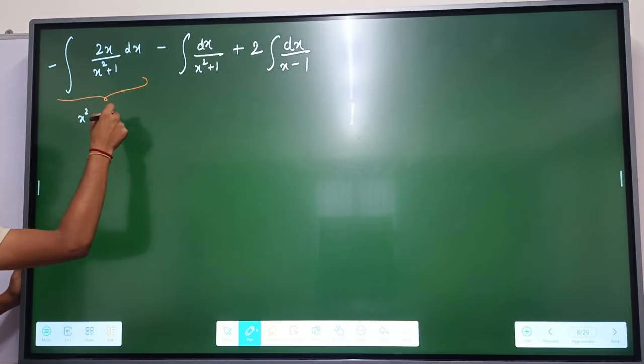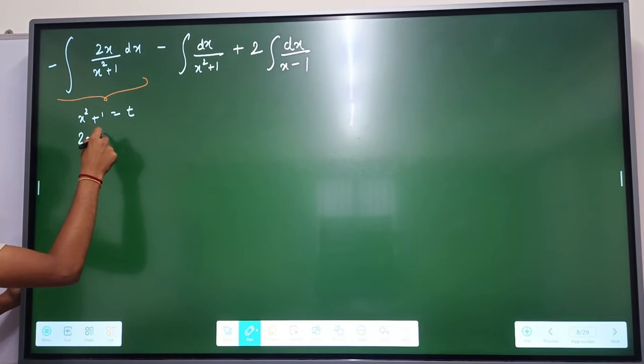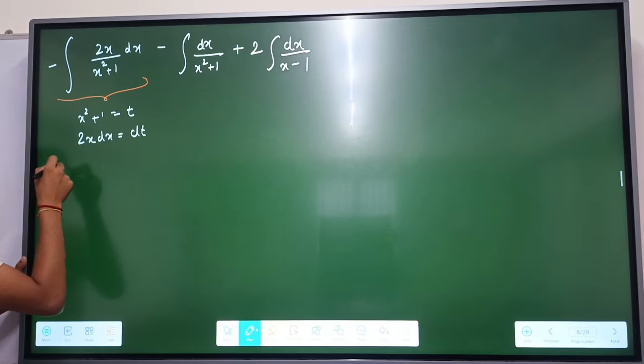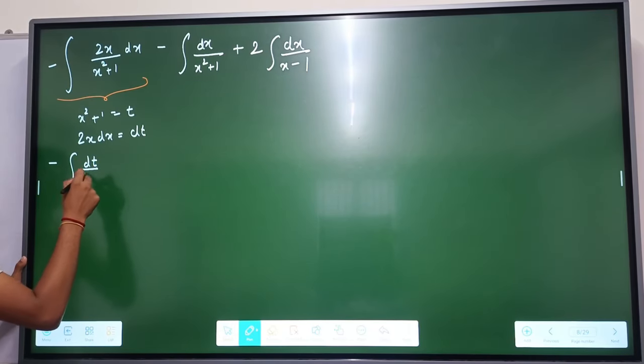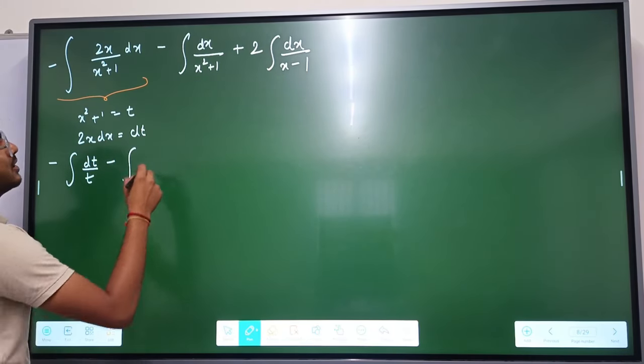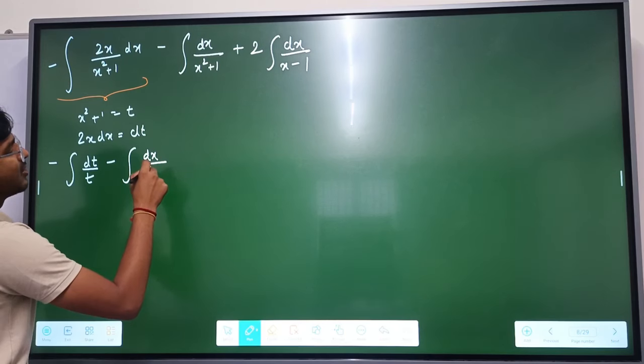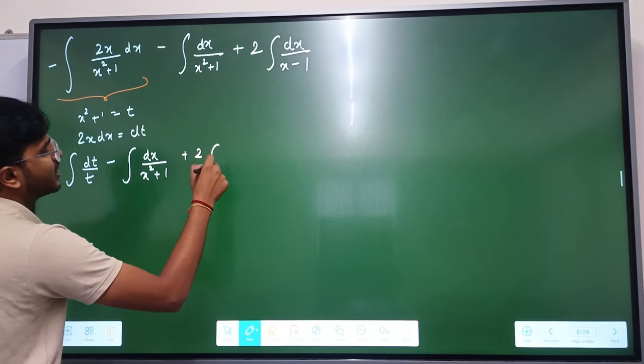We'll take x² + 1 as t. So what is 2x dx? dt. So I'll get minus integral dt by t, minus integral dx by (x² + 1), plus 2 integral dx by (x - 1).